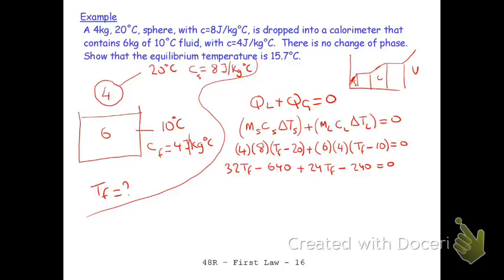So I can say 56 TF minus, they're both minuses, 880, thank you, equals 0, so TF is equal to 880 over 56, which equals 15.7.